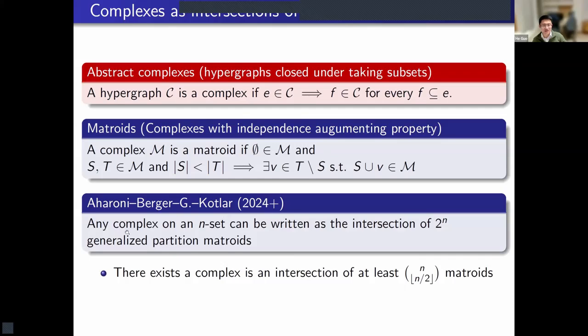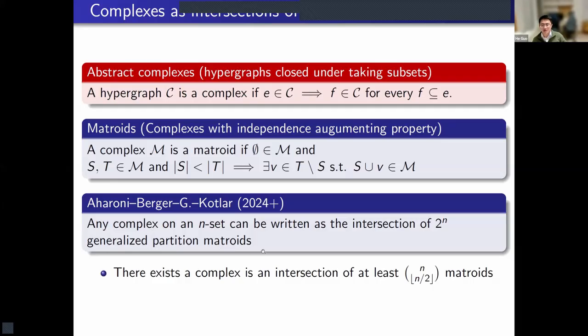We prove that if you have any complex on an n vertex set, then we can write it as the intersection of at most, say, 2 to the n matroids. We can even write it as the intersection of 2 to the n generalized partition matroids.